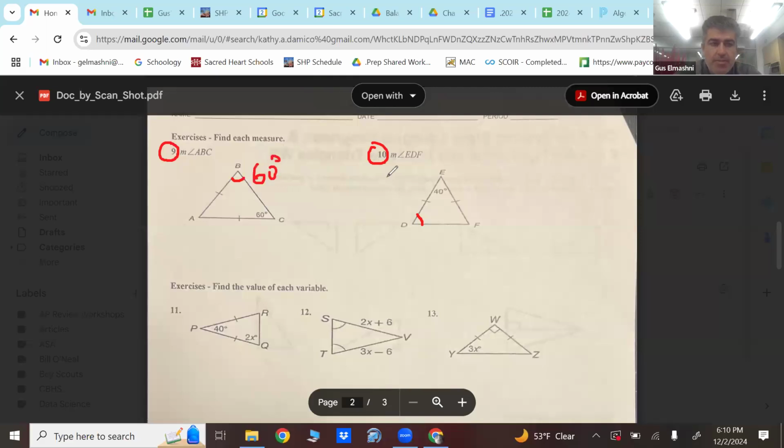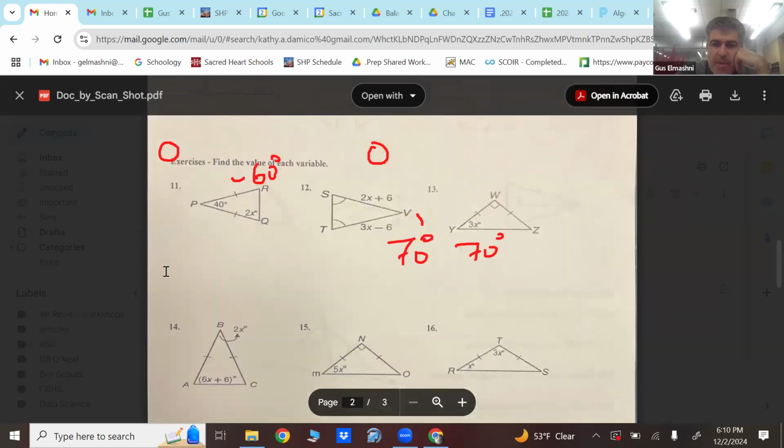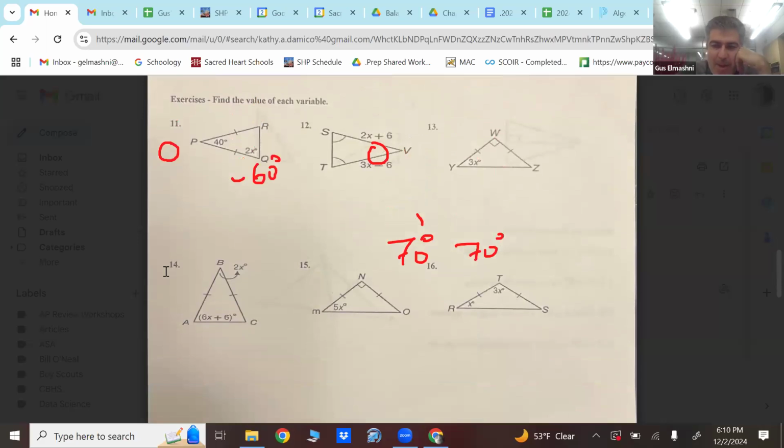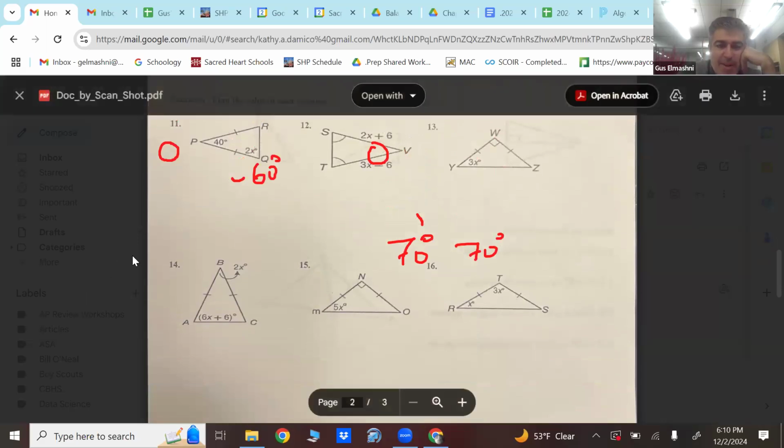Number 10, it's pretty easy. 70 and 70. Good. I'm glad I woke up something in you, because you're doing much better now than you were 5 minutes ago. Okay, this is better.